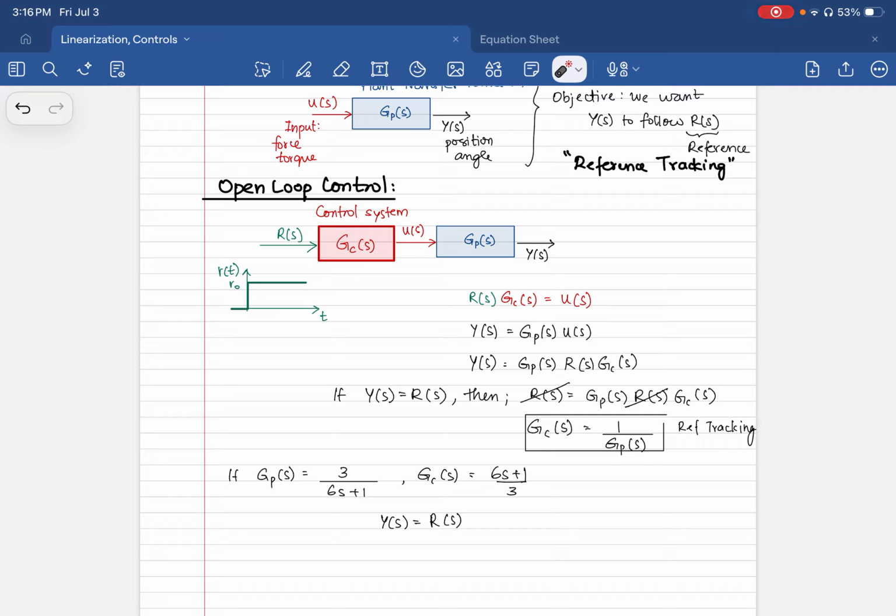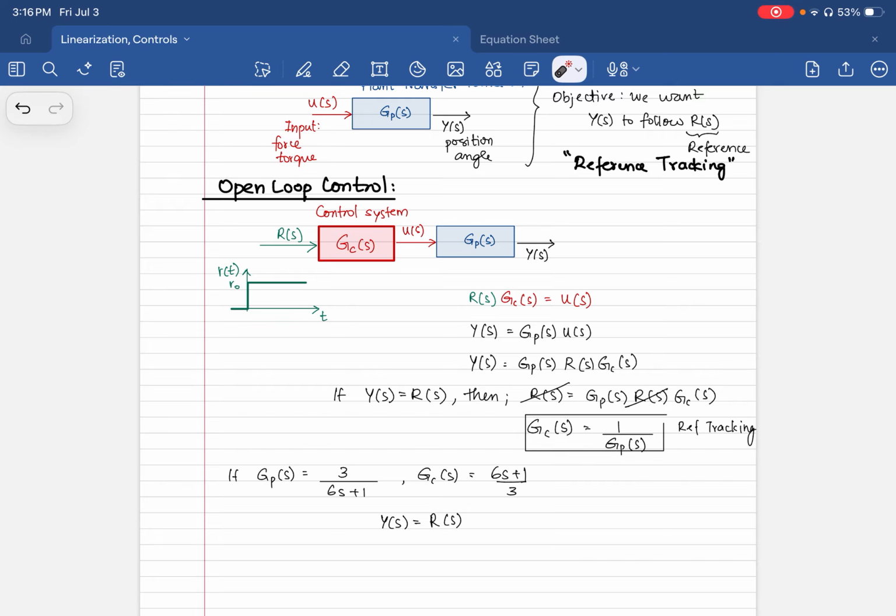Okay. Let's just look at the case where we do have some way of looking at this disturbance. One simple way of thinking about it is to take this output and then somehow allow that to come into your control system.